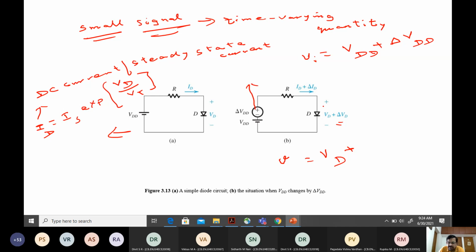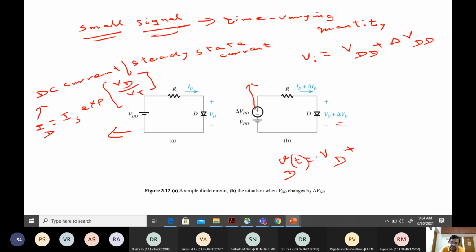We are considering plus to begin with, but it is also true for the minus, as long as the signal is quite small, that is, the variation from the DC value is small enough. It can be plus minus. So v is like this, small v, and depending on that, the current will decrease or increase.